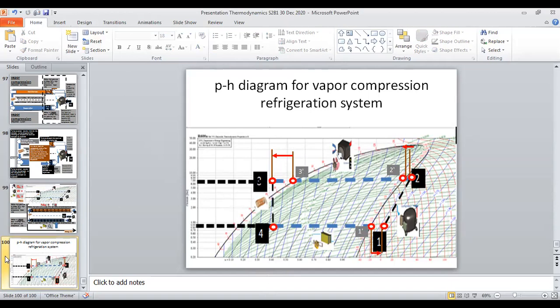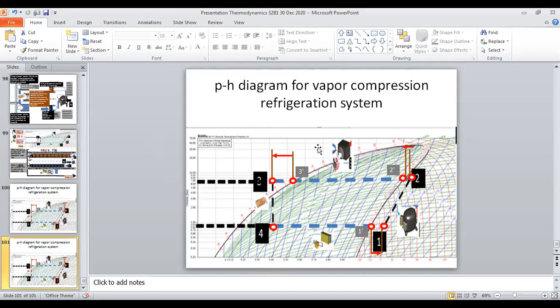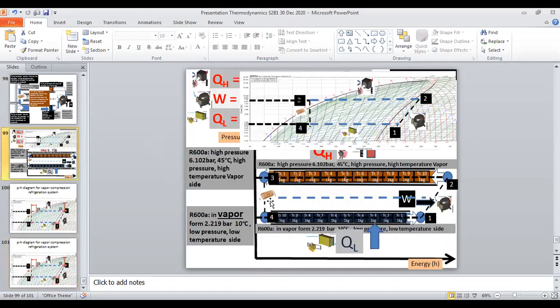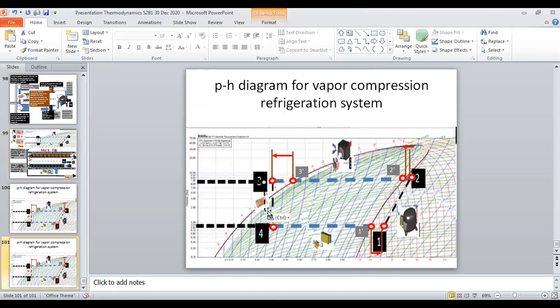Let me take a new slide, a duplicate of this, to try to understand this very well. 4 dash. Okay. And let me put this one.